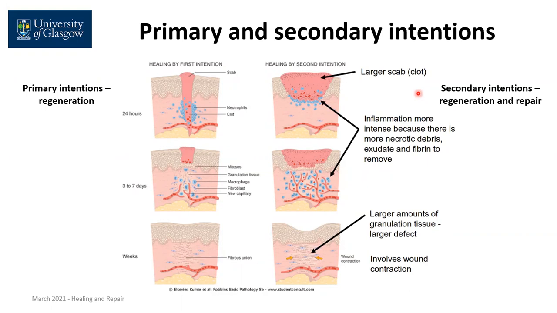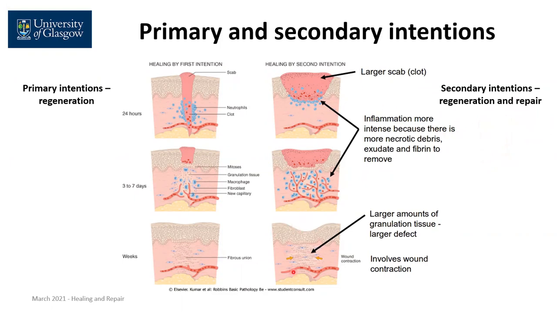If you have healing by secondary intention, then generally speaking, this is when the tissue needs to undergo regeneration and then eventually repair of the tissue, because the damage is quite excessive. So you have a longer repair and healing time, a greater chance of scarring, and also an increased chance of infection.